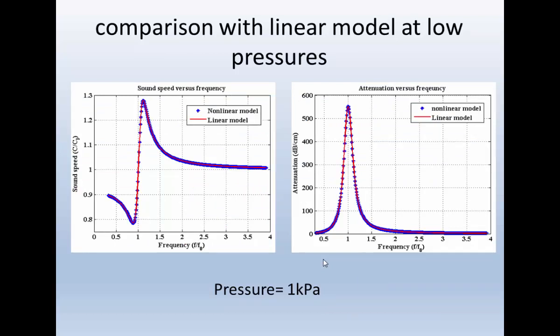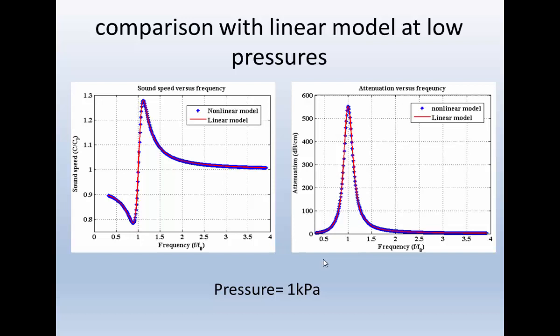If we compare the results of our model at very low pressures and for a void fraction of 5 multiplied by 10 to the power of minus 5 meter cube, we will see that at very low pressures like 1 kilopascal, the results of our model agree very well with the linear model, both for the sound speed and for the attenuation.